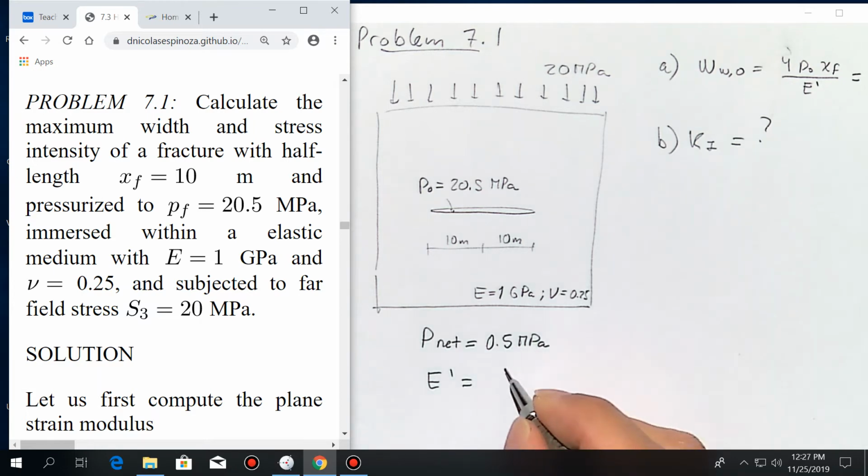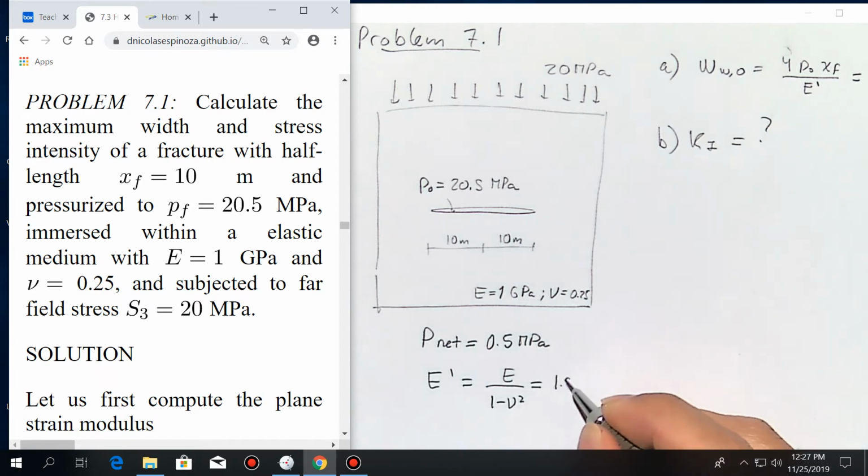If you remember, plane strain modulus is the Young modulus divided by 1 minus Poisson ratio squared. 1.07 gigapascal.